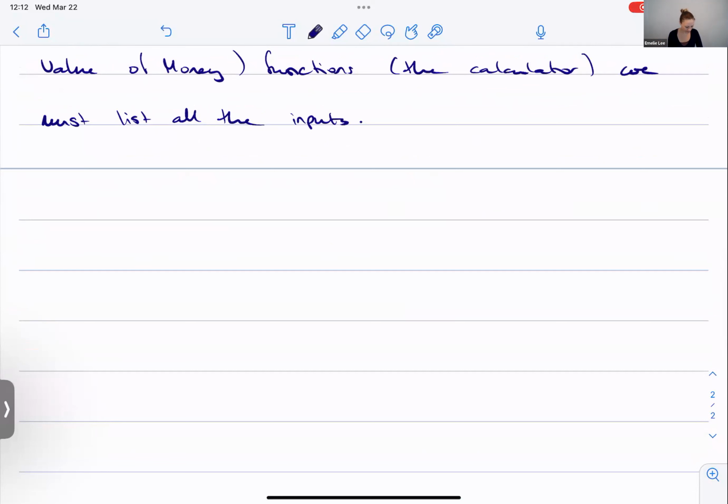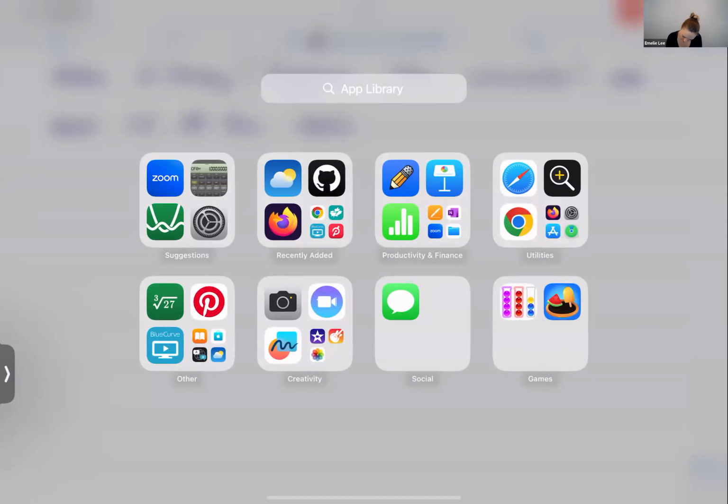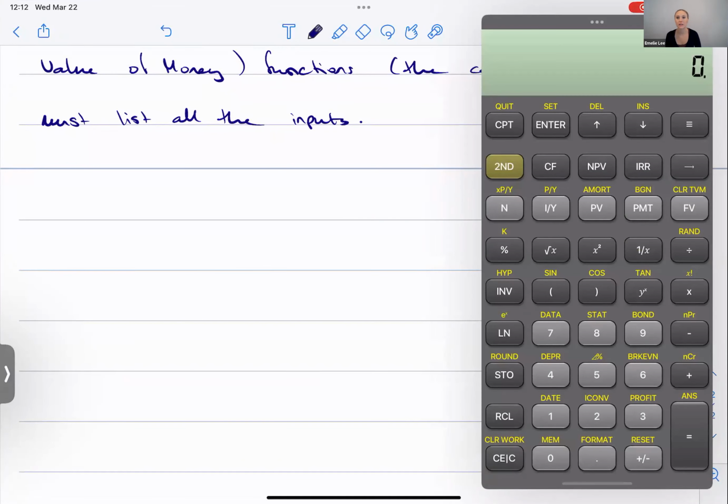Now, how I want the list is in this order. In a lot of the Moodle questions there will be just inputs, so then you'll just put them in the appropriate spots.